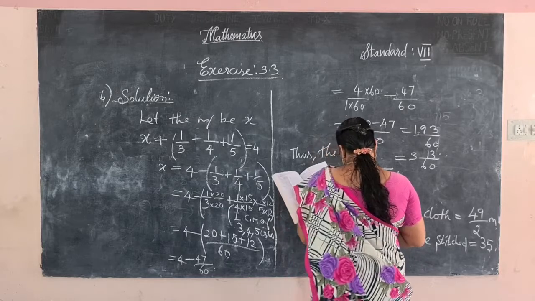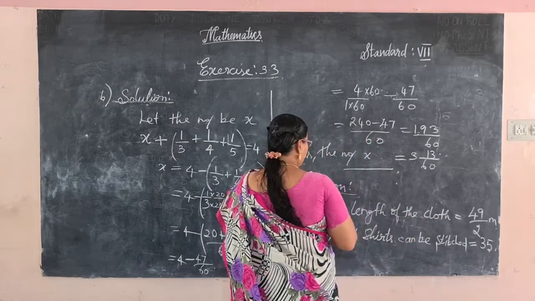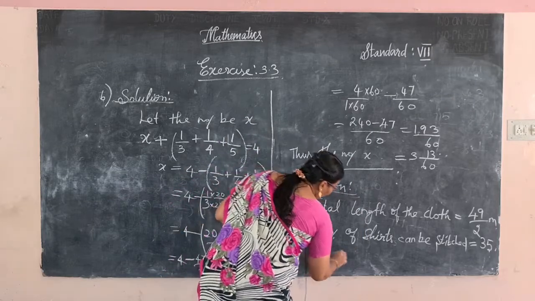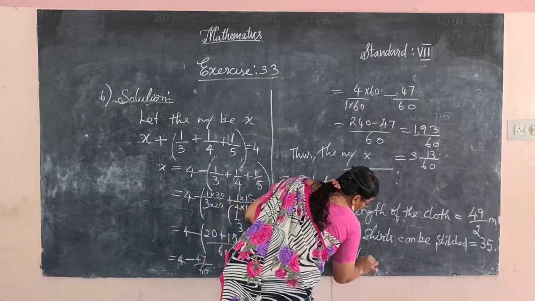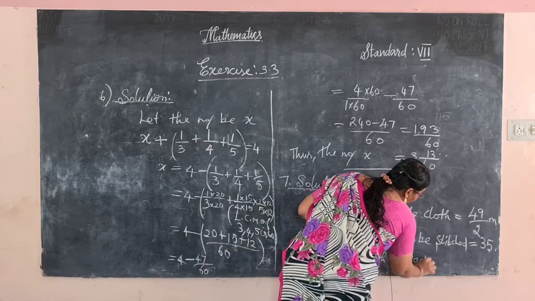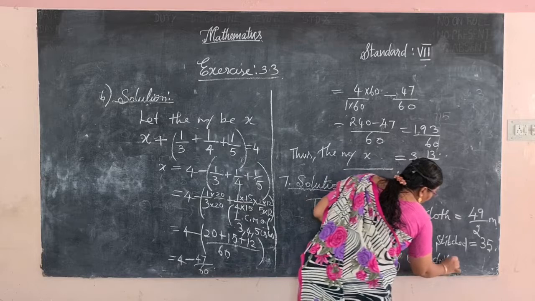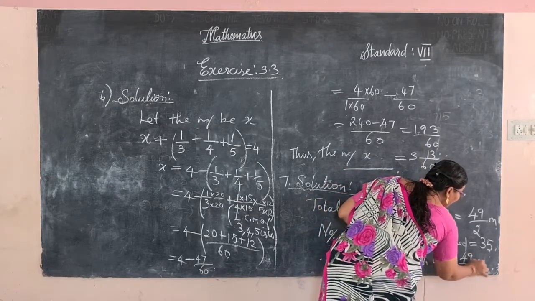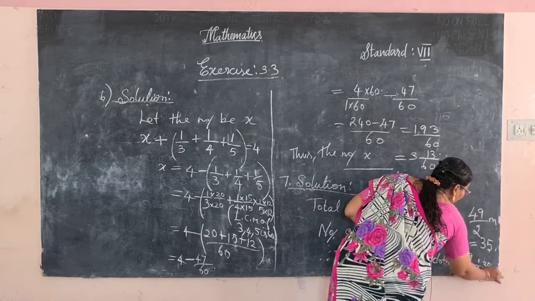So the length of cloth for each shirt is equal to 49 by 2 divided by 35 meters.